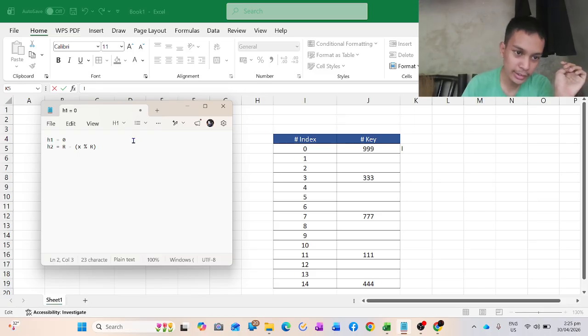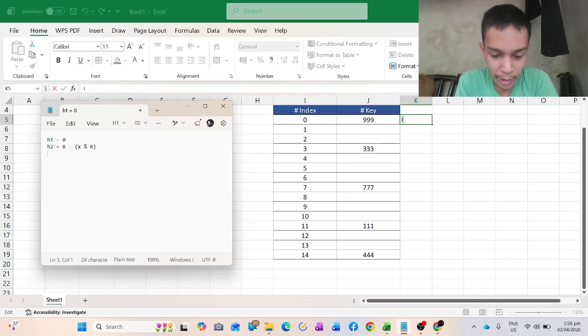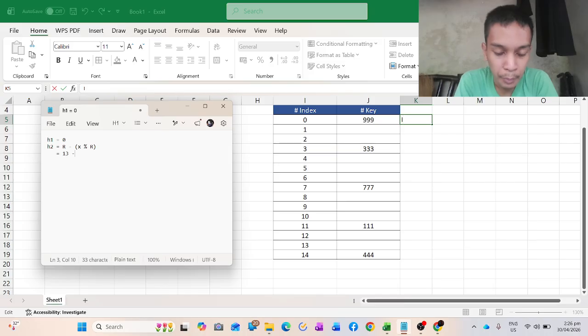R is equal to the prime number lower than M. So we have prime numbers 2, 3, 5, 7, 11, 13, 17, and so on. What we need to do here is pick the number that is lower than 15. So in this case, we're going to pick 13. 13 minus x, which is the key, mod.